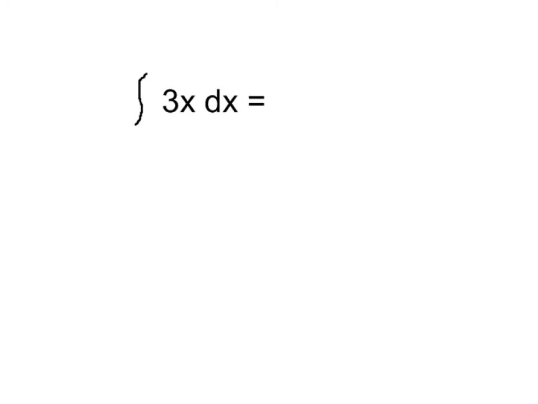Well, that would be 3 halves x squared plus c. I can check that work by deriving it. The derivative of 3 halves x squared plus some constant c, I get right back where I started, 3x, and that is the integrand that I started with.